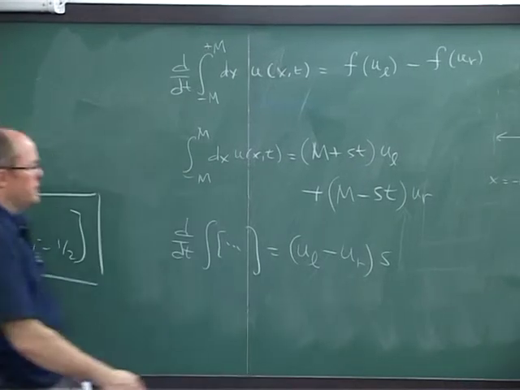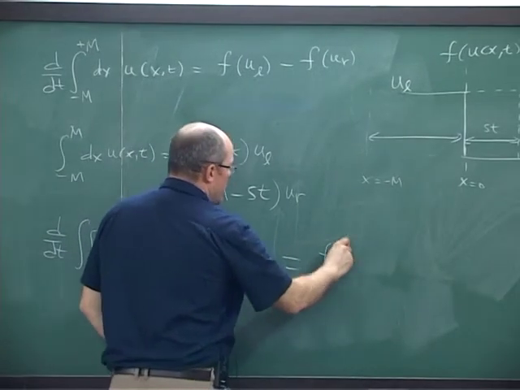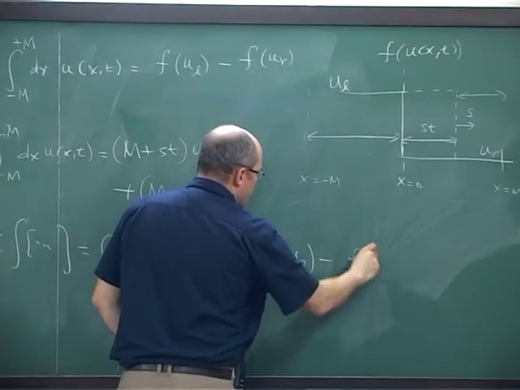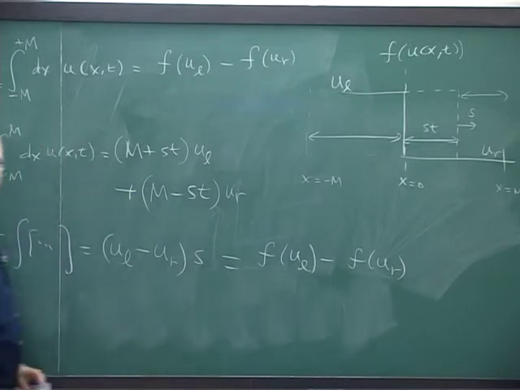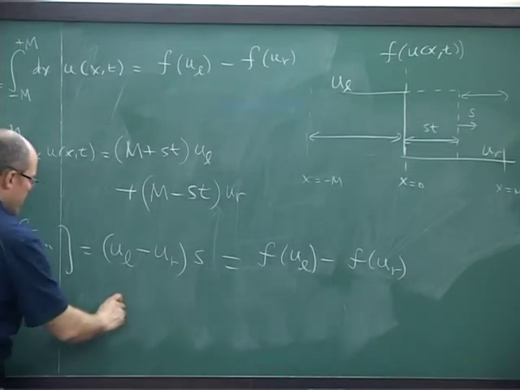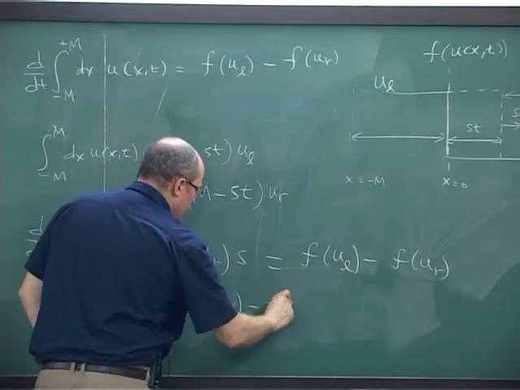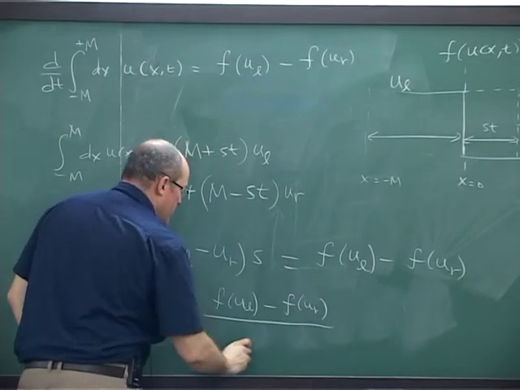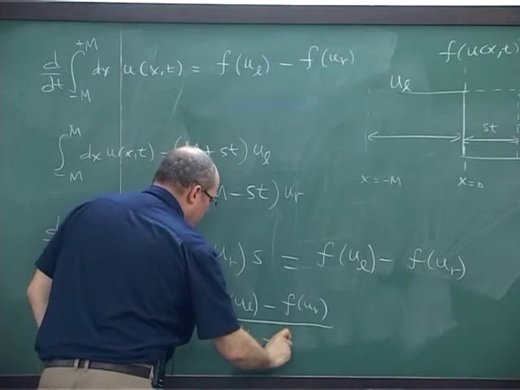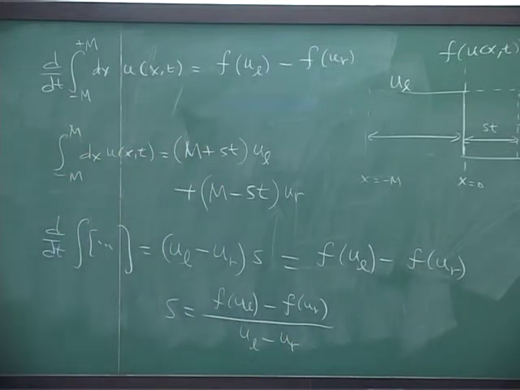And from the top equation, that is equal to f of ul minus f of ur. And now we solve for s. And that's how I solve for the velocity of the shock.